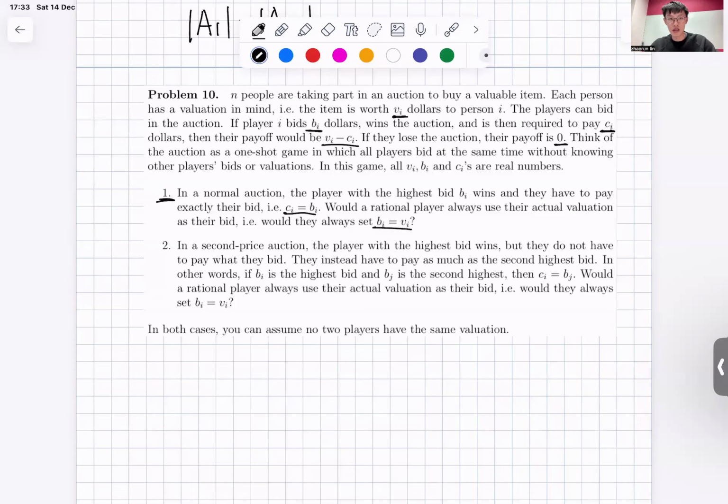They may think that this item is only worth $70 or something. Then the bid that maximizes my payoff is to bid $71, because in this case I only have to pay $71. So a rational player may not have Bi equals Vi.